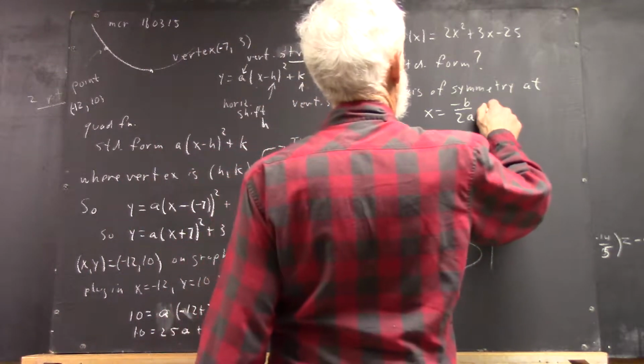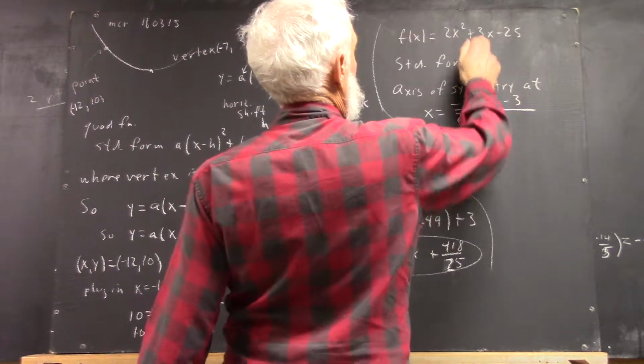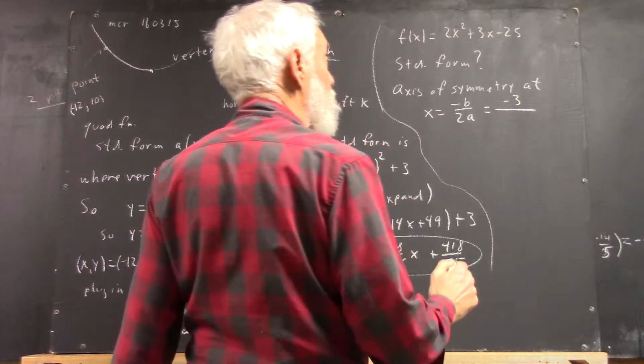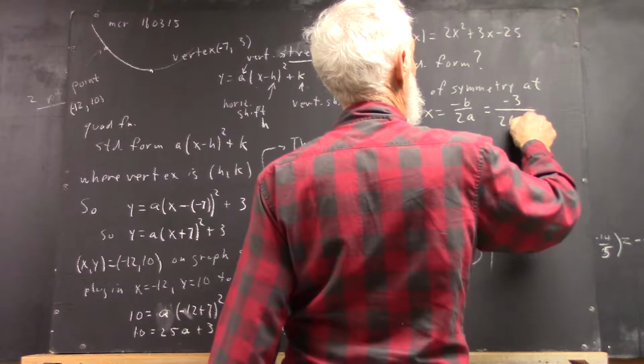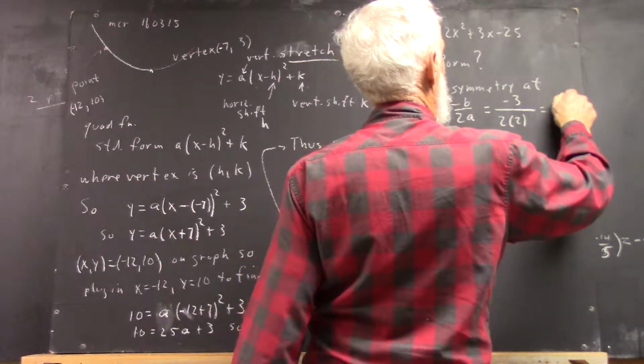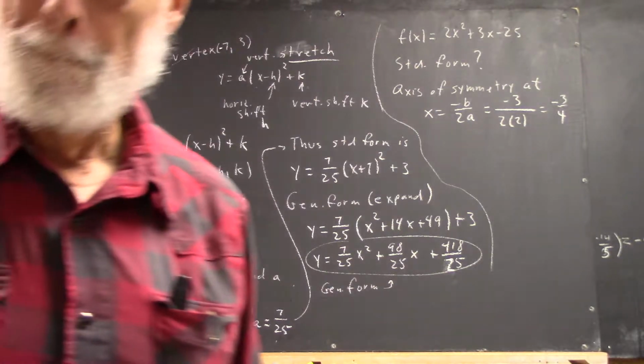Well, negative b over 2a: b is 3, that's the coefficient of x, a is 2, so your axis of symmetry is at negative 3/4.